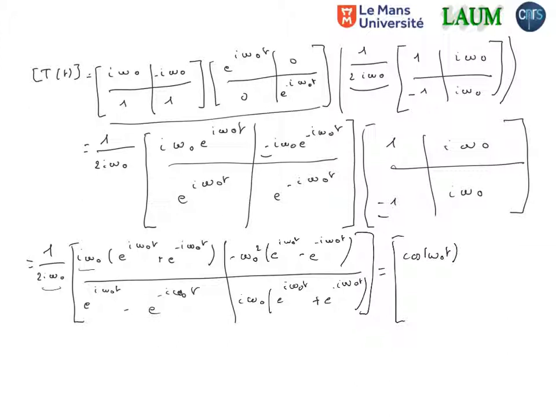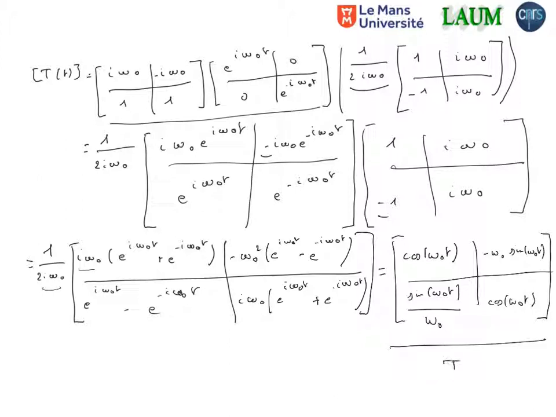For the second term, we have minus omega 0 sine of omega 0 t. For the 2, 1 coefficient, this is sine of omega 0 t divided by omega 0, and here we have cosine of omega 0 t. So here we have the expression of T, which is the transfer matrix.